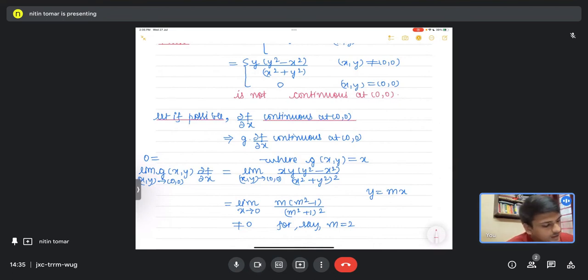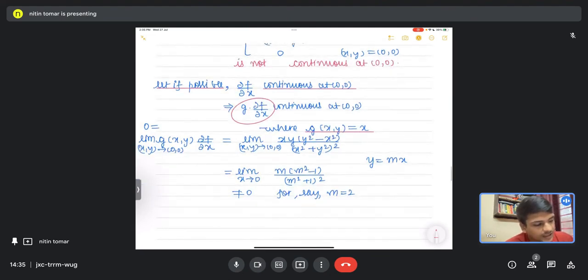So g times del f by del x should be continuous, where g is the projection onto the first component, g of x comma y equal to x. Now this is a continuous function. So g times del f by del x should be continuous at 0 0, and if it is continuous at 0 0, we know that it should be equal to 0.